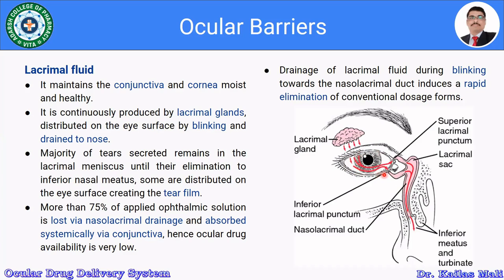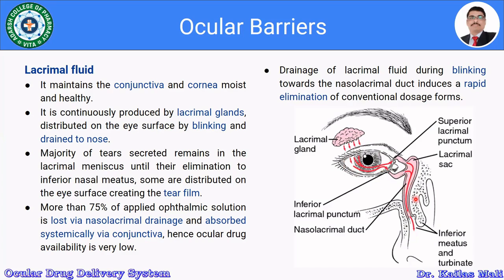More than 75% of ophthalmic solution is lost via nasolacrimal drainage. So this is the nasolacrimal drainage. Whatever fluid is secreted by the lacrimal gland is going to be drained into the nasal cavity. So more than 75% of ophthalmic solution is lost via the nasolacrimal drainage and absorbed systemically through the conjunctiva, and the ocular bioavailability is very low for the conventional formulation.